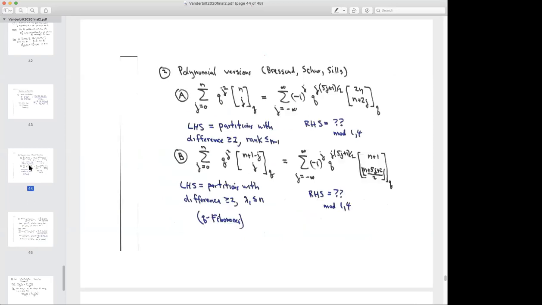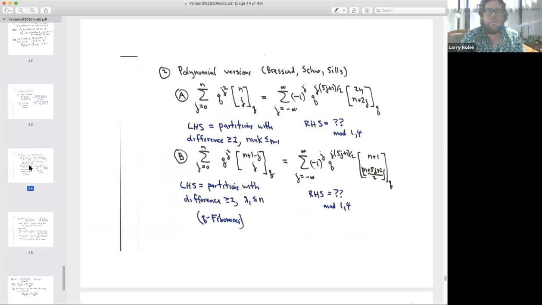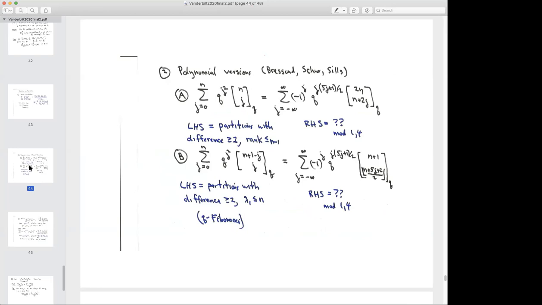William asks about slide 44: the request is to give a manifestly positive combinatorial interpretation for the identities on the right-hand side. Is that correct? Absolutely, in terms of partitions 1 or 4 mod 5. We know what it is on the left-hand side. Since they're equal, we could say it's equal to the right, but we don't want that. We want 1 or 4 mod 5.